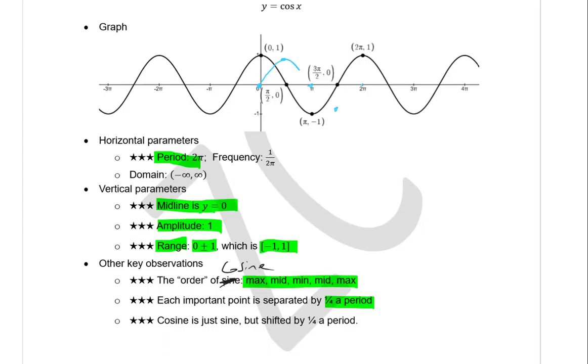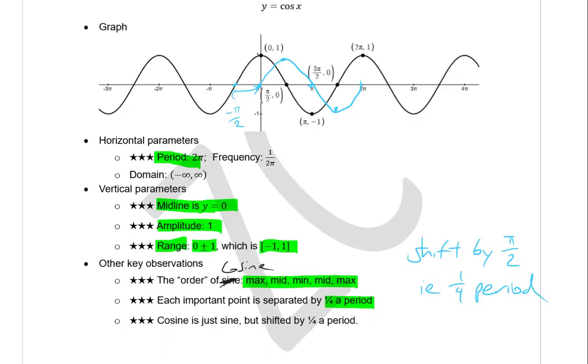It looks like this, right? So look, if we just shift this over here by pi over 2, which is 1/4 period, quarter period, then we get the same thing.